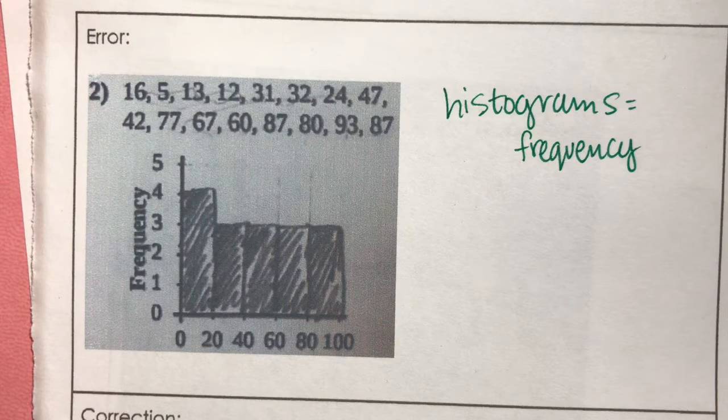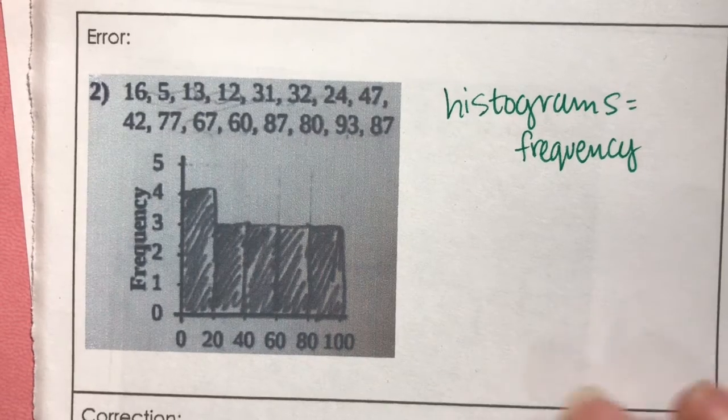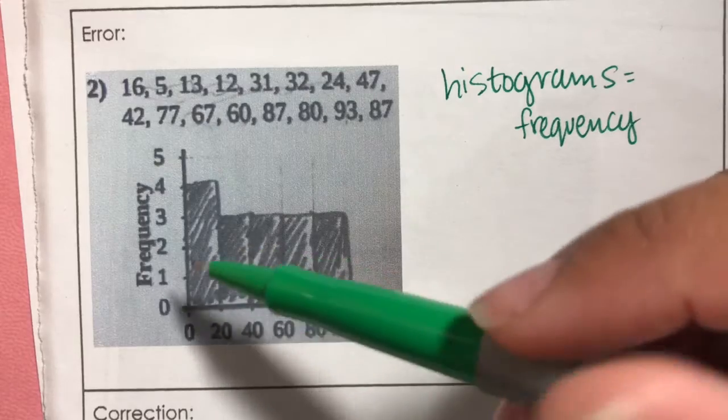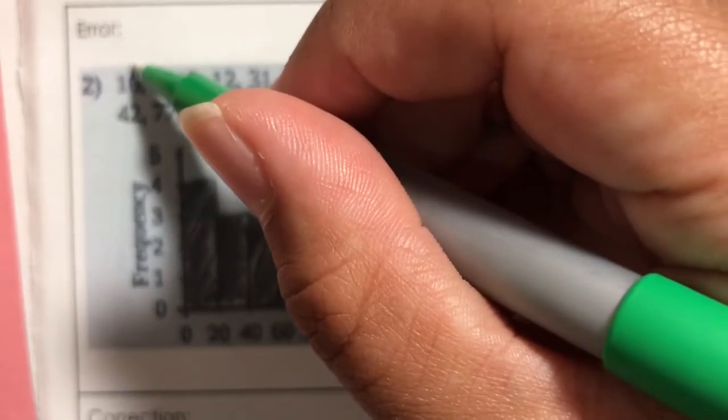Okay, so if you remember when we were doing histograms in our notes in Khan Academy, I would always ask, how many times do you see a number between 0 and 20 occur in this data set? So if you look at what this student did, at first you say, okay, this person got it right. They got 16, 5, 13, 12.